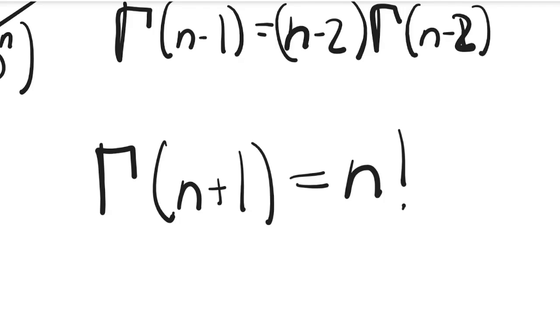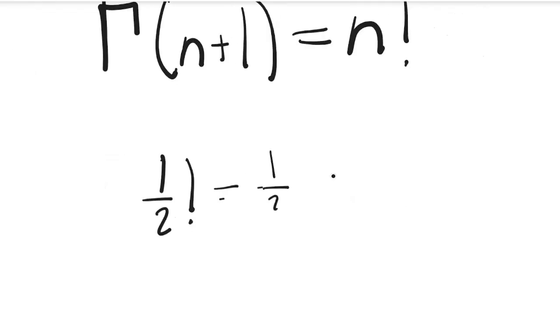Because if we were to say, I want to calculate 1/2 factorial, we wouldn't be able to calculate this and say, oh, 1/2, and then how would we keep going multiplying this? This is impossible.